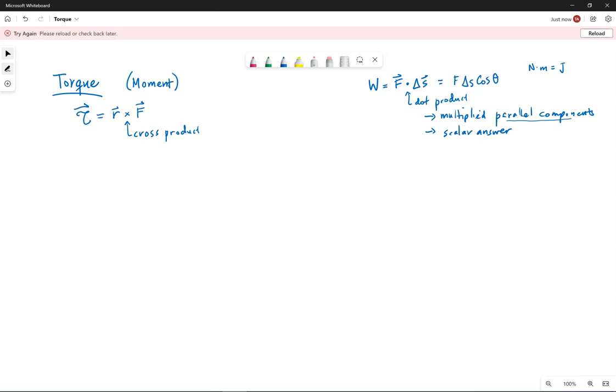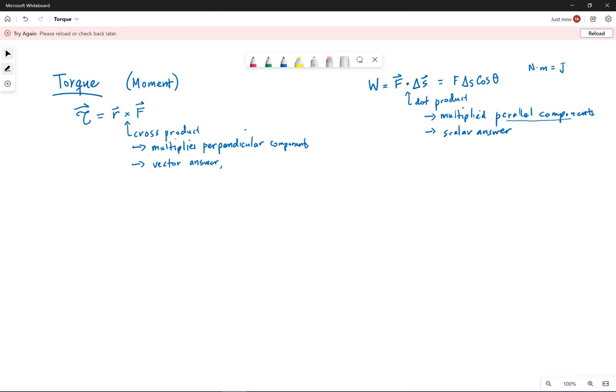The cross product is fundamentally different. The cross product multiplies perpendicular components. So we need the components that are not in the same direction. The answer is a vector.